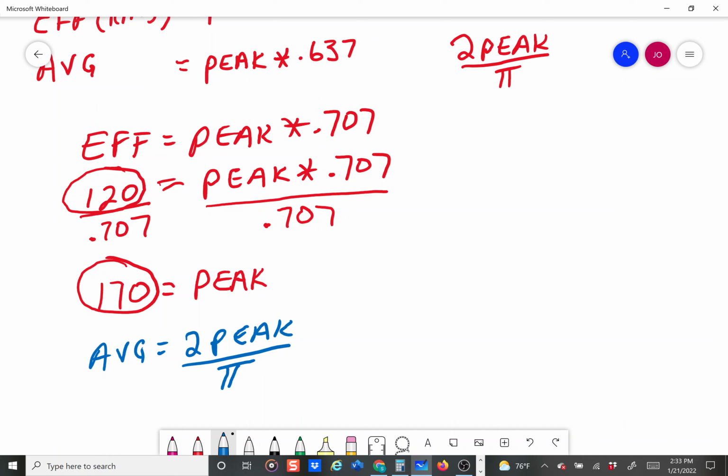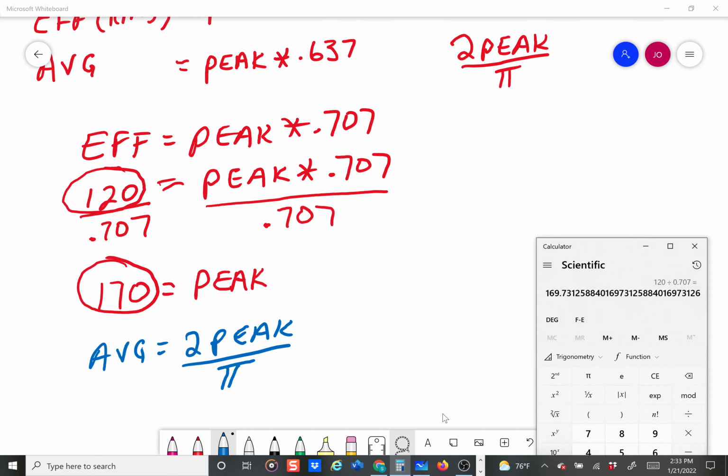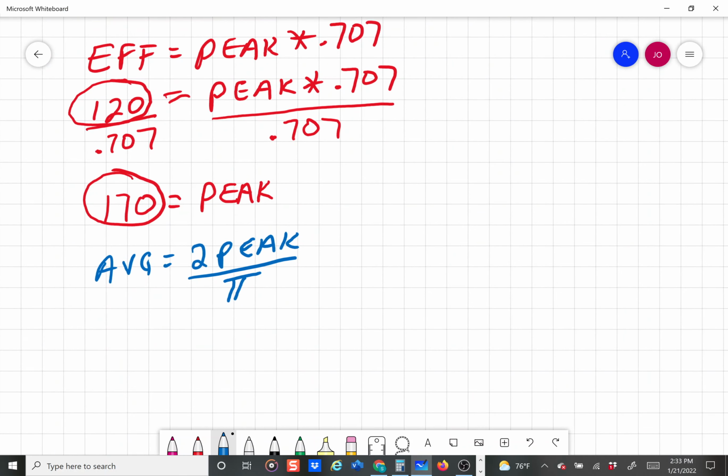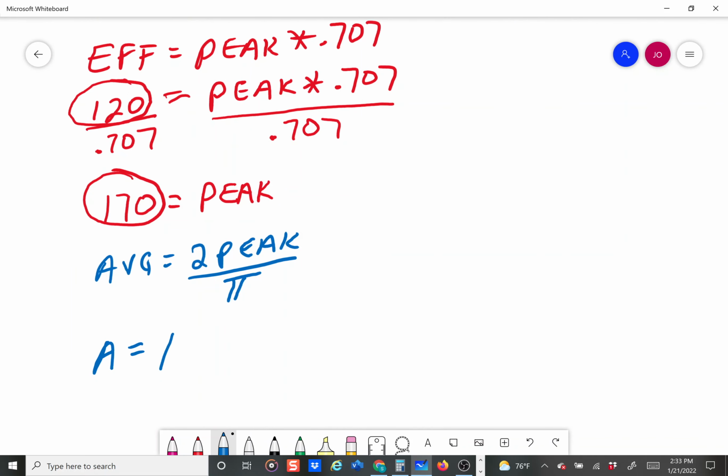So with my calculator, being as it is already on there, there's my peak. I'm going to multiply that by 2 and divide it by my pi value. And that is going to give me a value of 108 volts. So my average voltage in this case equals 108 volts. And that is the other value that I want you to memorize.